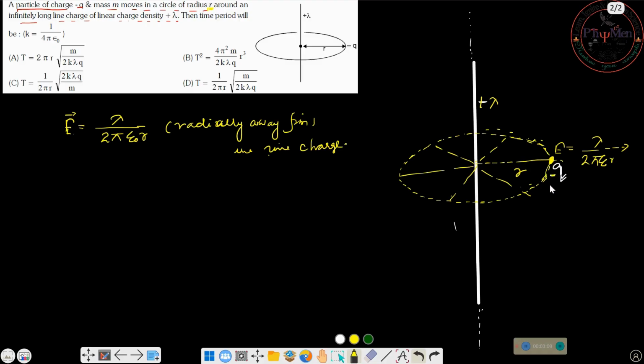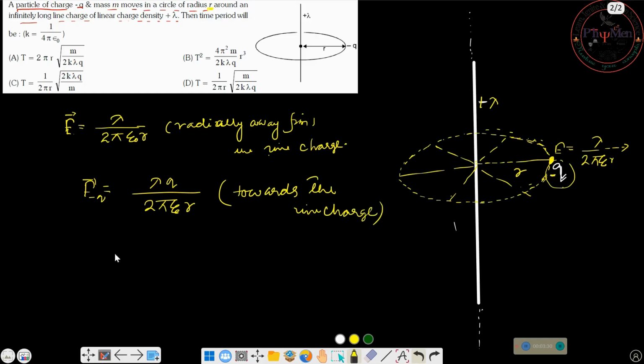Now the force experienced by this minus q at this point will be lambda q divided by 2 pi epsilon naught r towards the line charge. This is the force on the minus q charge.